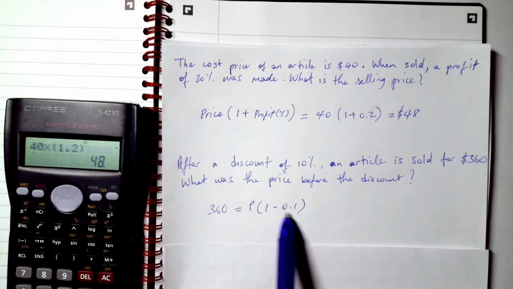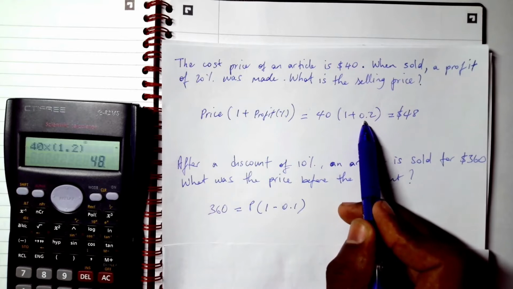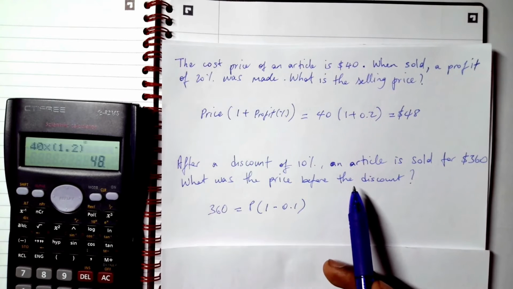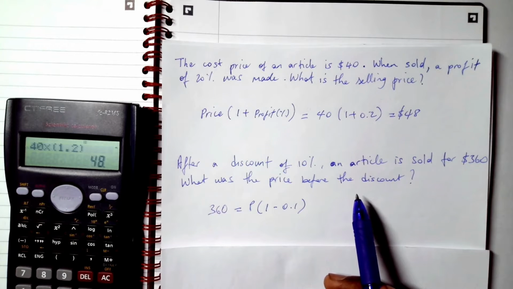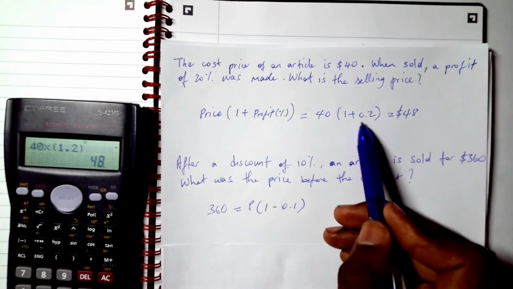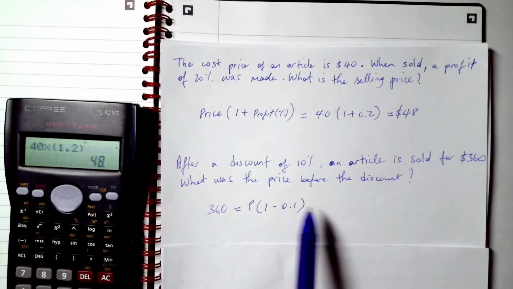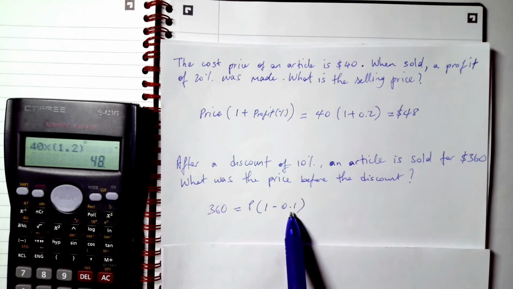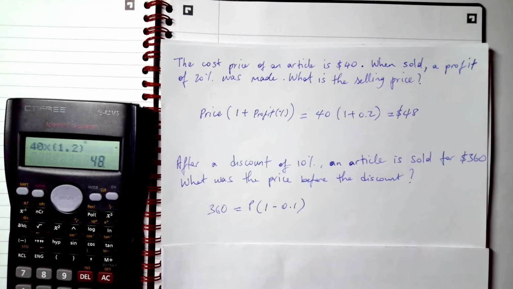We subtract the discount from 1, but we add the profit to 1. Kind of like appreciation and depreciation. Remember that? Yes. Appreciation, we added the percentage to 1. Depreciation, we subtracted the percentage from 1. All right? Similar thing here.